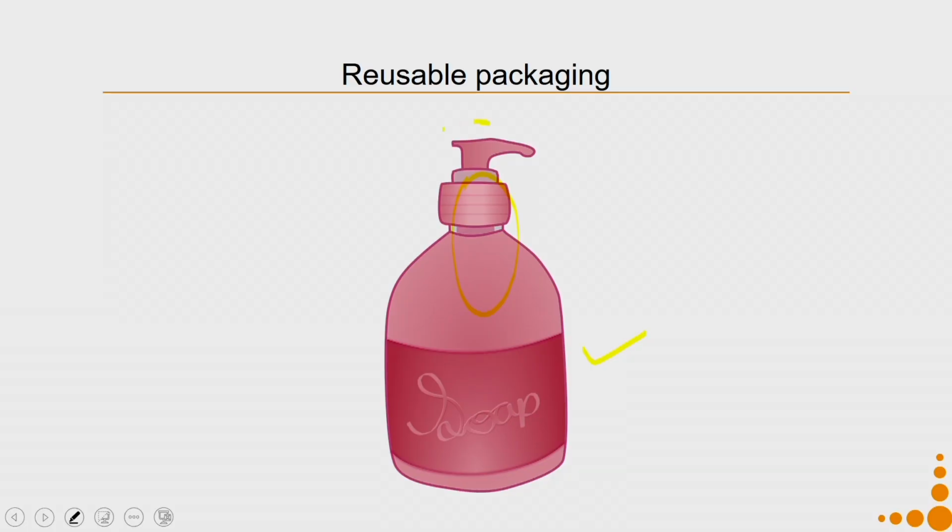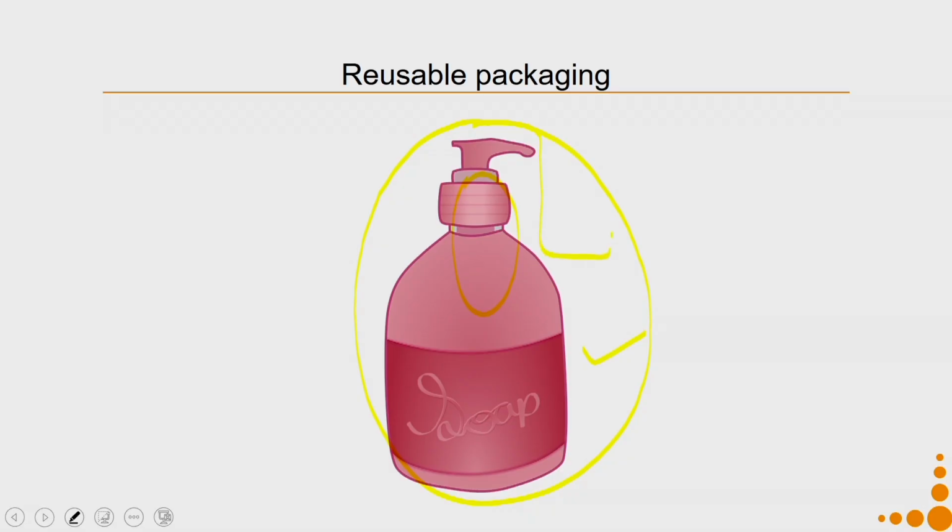That reduces your distribution cost, because this bottle acquires a lot of volume. You can see there is a lot of empty volume, and when you are stacking it in the truck, there is no way to reduce this.